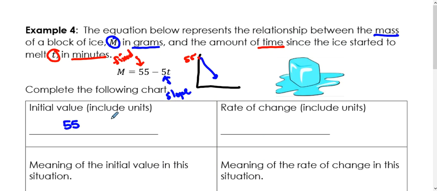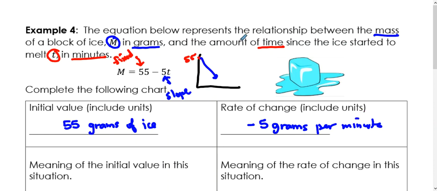And what does that mean? Well, I initially started with 55 grams of ice, because that is the y variable, that's the vertical line from that. My units here is what's happened to this ice. Well, it's decreasing grams per minute.